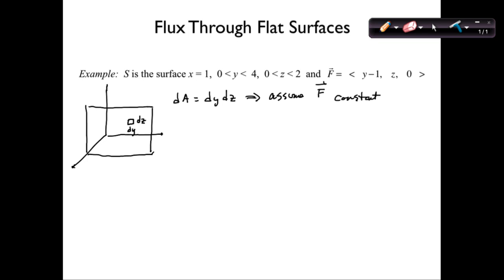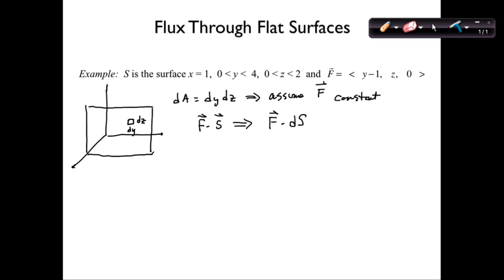So rather than F dot S, now it's going to be what? F dot what? So rather than dA, now we have to think in terms of vectors. So it's not just the area, but the area vector. This is going to be F dot dS, right?